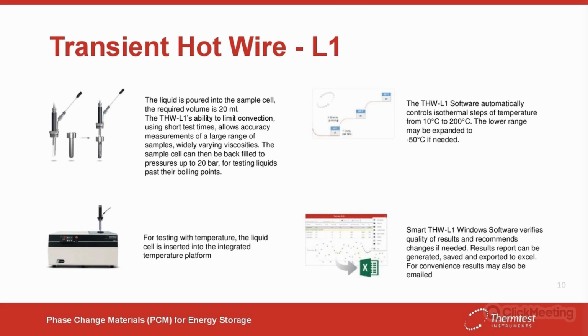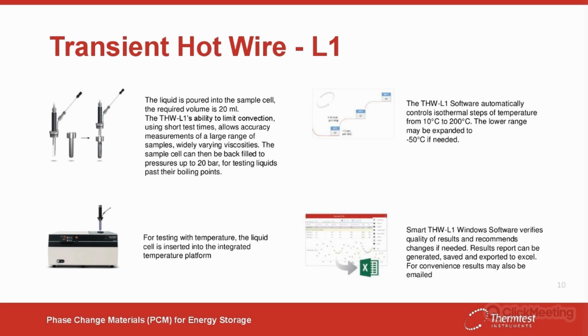It's very easy to take measurements. It's very simple. The fluid is poured inside the sample cell, and because the volume and the measuring time are very short, this allows accurate measurements without any convection, and the cell can be pressurized up to 20 bar, or 30 bar in case of the THW L1E model.